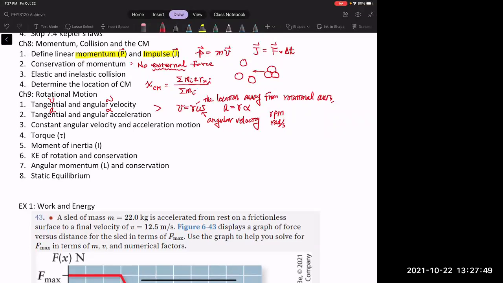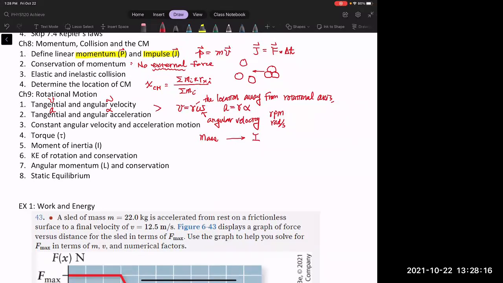The thing you need to be careful about is that when you are using the constant rotational motion, the m in the rotational motion will become this one here, which is the moment of inertia.